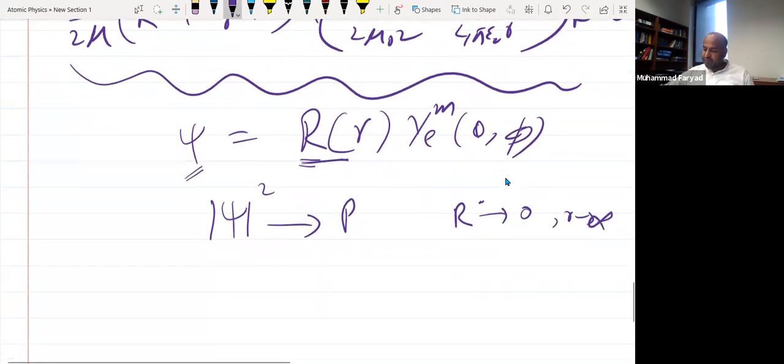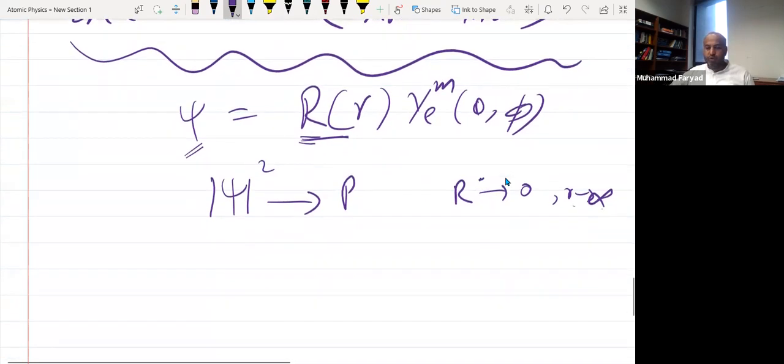Because if R doesn't go to 0 as r goes to infinity, then the total integral will not converge. When we try to solve this integral over the whole volume, for it to converge, this capital R has to go to 0 as r goes to infinity.